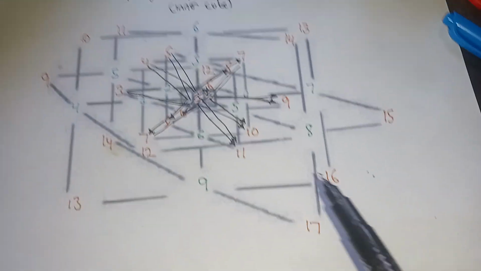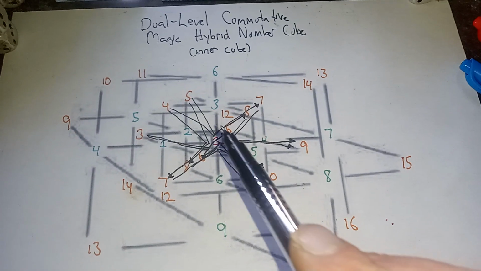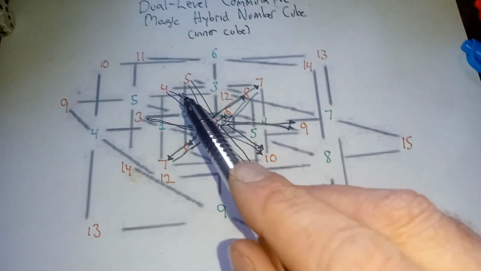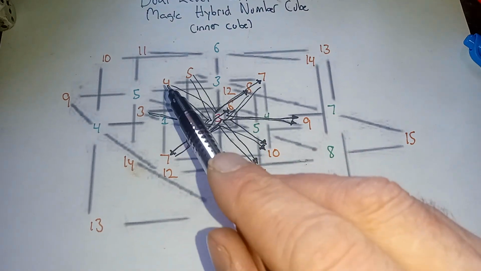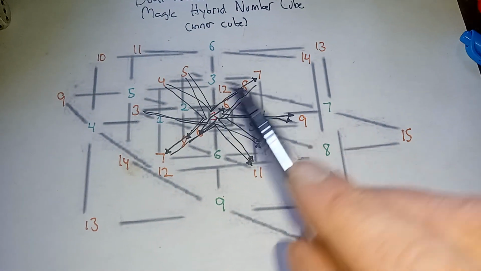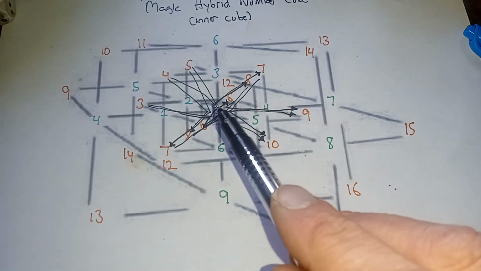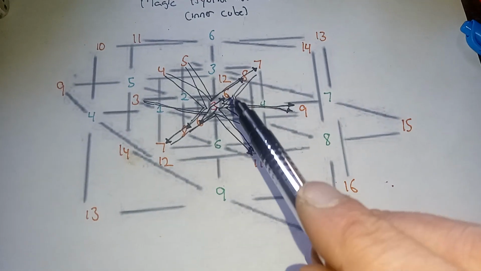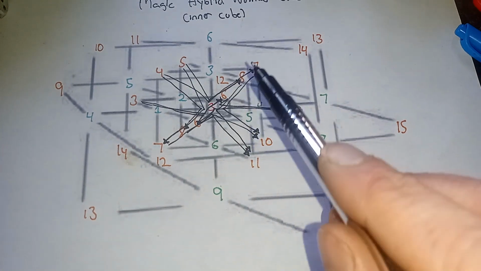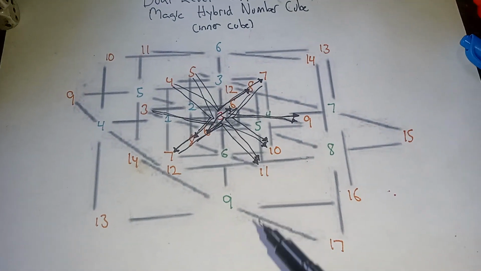I didn't put it down here, but I did in the last video. These work out: 4 plus 3 is 7, 7 plus 3 is 10, 4 plus 3 is 7, 7 plus 3 is 10, and so on like that.